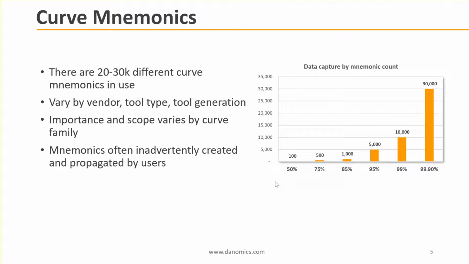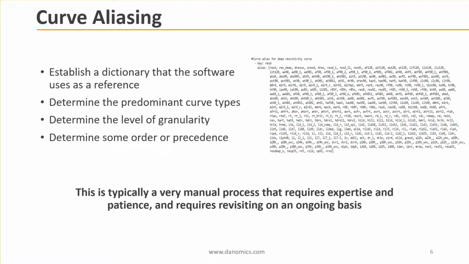And one problem with this is it's not just what comes from the vendors, but it's also what comes internally. So a lot of times users inadvertently create new mnemonics by appending an _1 or an _2 onto the back of a curve name, which means that we need to then add that to the aliases.